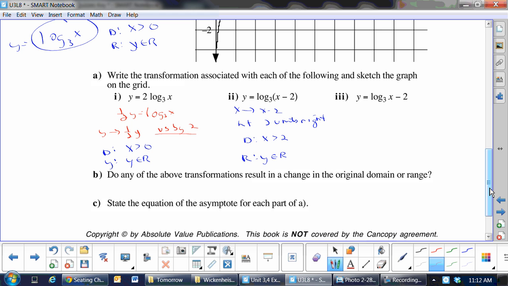So that would be y plus 2 equals log 3x. So y got replaced with y plus 2. Okay. So down 2 or up 2? Down 2. So vertical translation down 2.